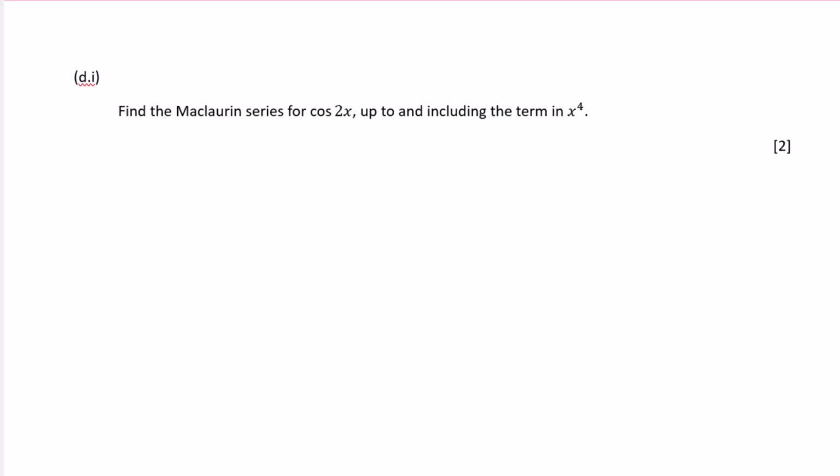Let's go to D1. Find the Maclaurin series for cosine 2x up to and including the term in x to the fourth power. We are given cosine x equals 1 minus x squared over 2 factorial plus x to the fourth power over 4 factorial minus and so on.